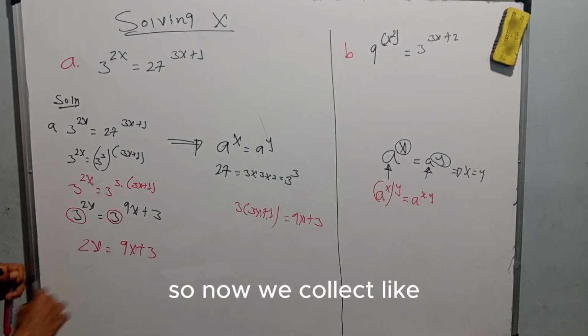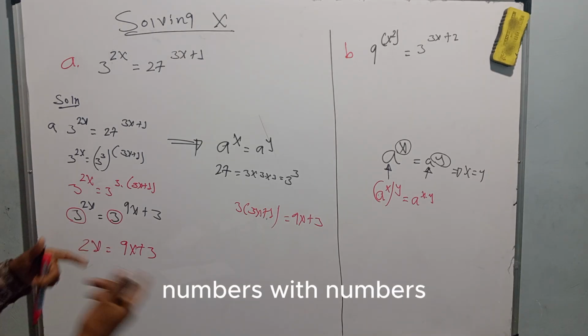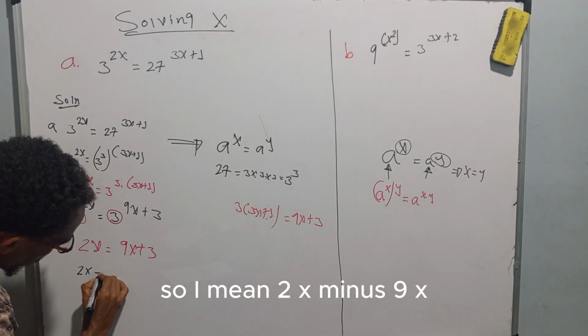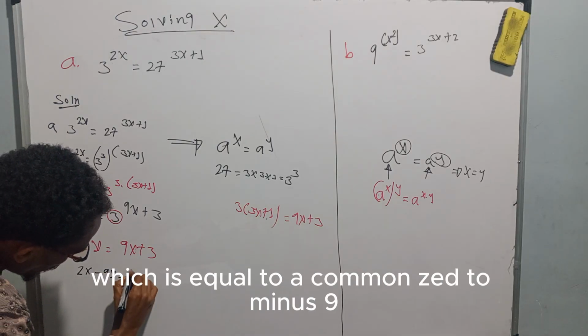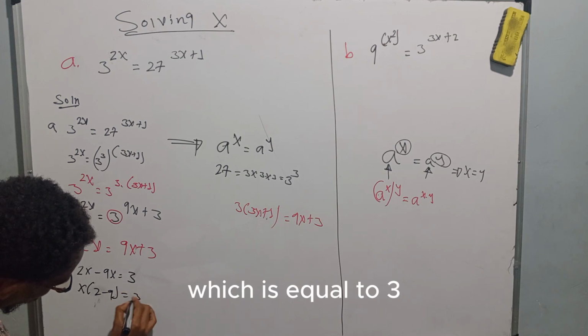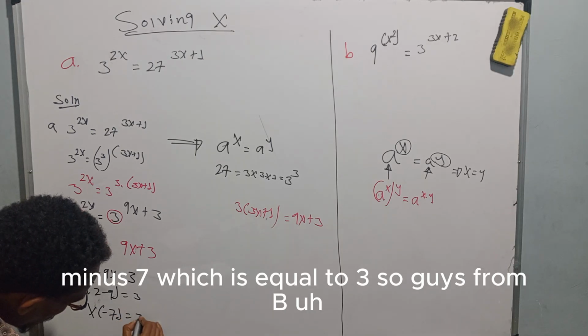So now we collect like terms, that means variables with variables and numbers with numbers. So 2x minus 9x equals 3, then x times (2 minus 9) equals 3, so x times minus 7 equals 3.